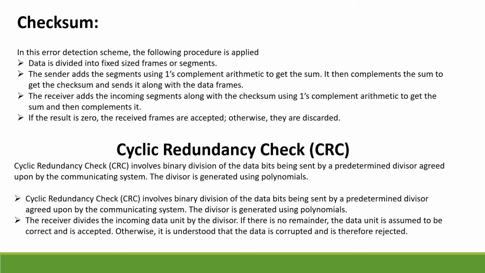The divisor is generated using polynomials. The receiver divides the incoming data unit by the divisor. If there is no remainder, the data unit is assumed to be correct and is accepted. Otherwise, it is understood that the data is corrupted and is therefore rejected.